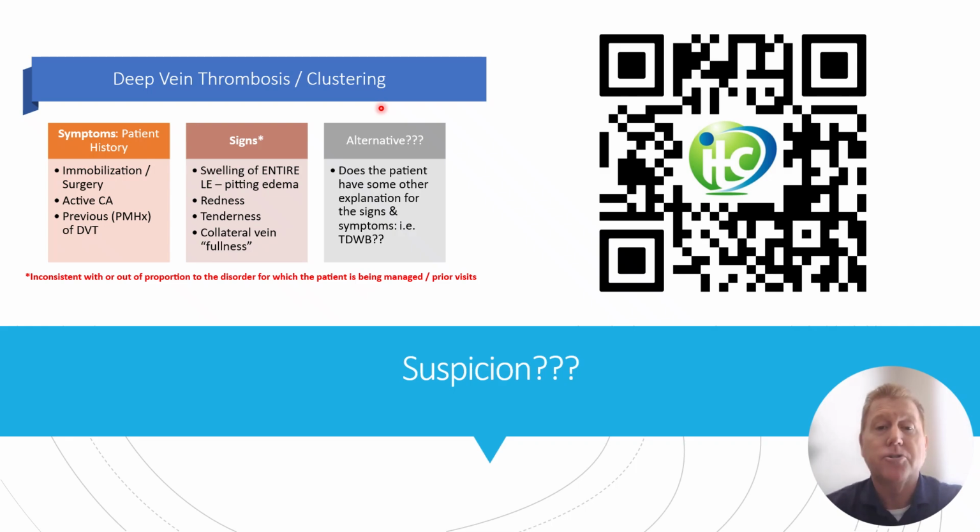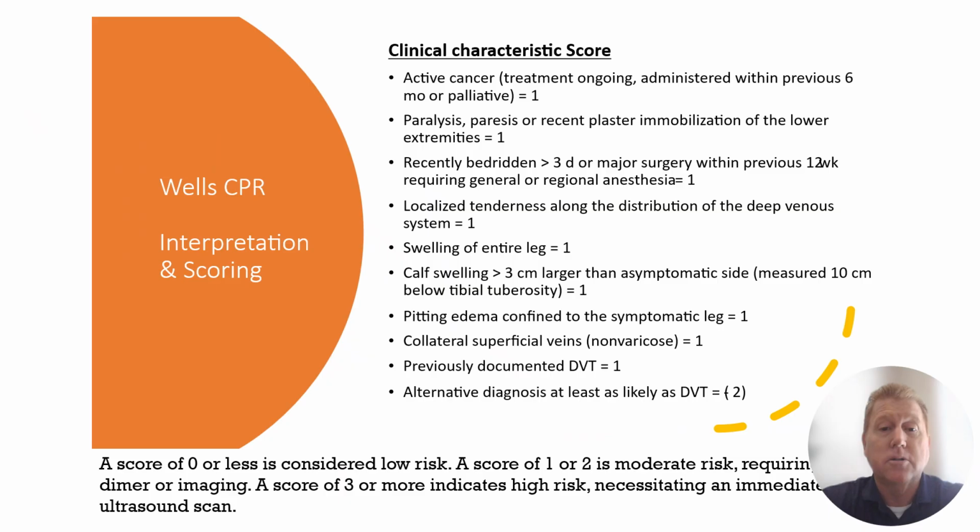Do we have an alternative explanation that would give us a reason that this person would be that sore? So we're clustering, we're using the symptoms, we're using the signs, all as a way to start to think about, all right, what else could this be?